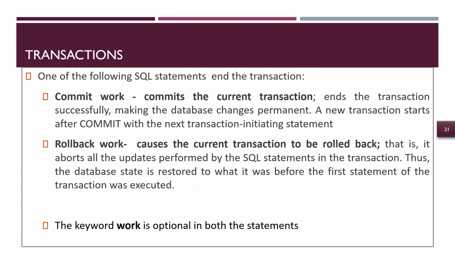Commit commits the current transaction and ends it successfully, making the database changes permanent. Rollback causes the current transaction to be rolled back. That is, it aborts all the updates performed by the SQL statements in the transaction.